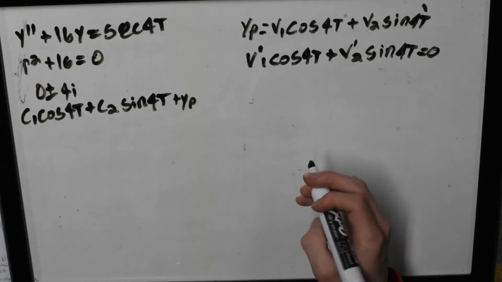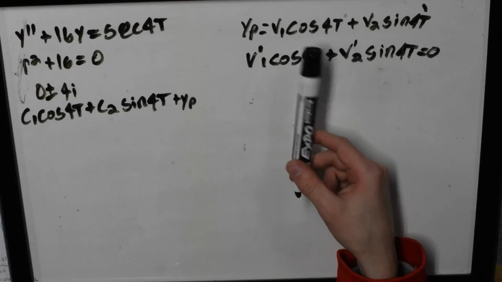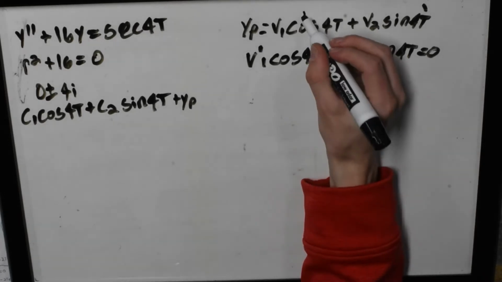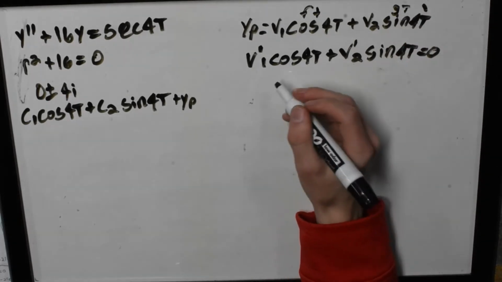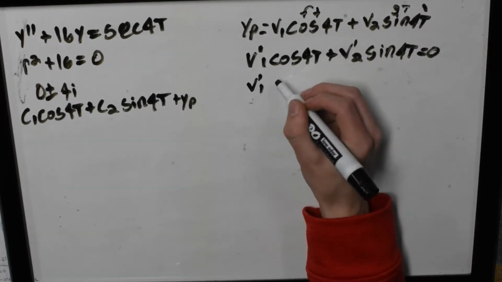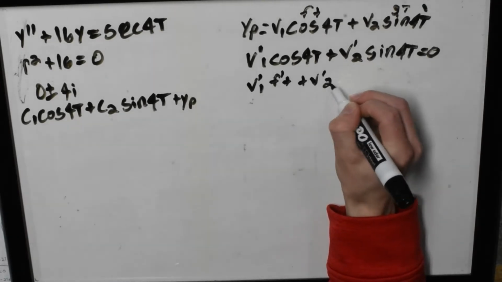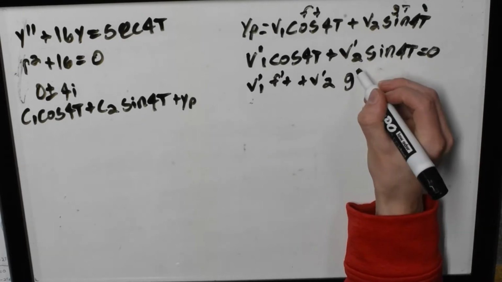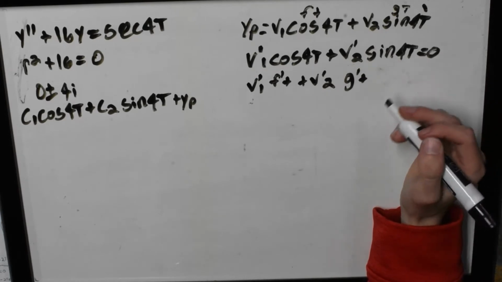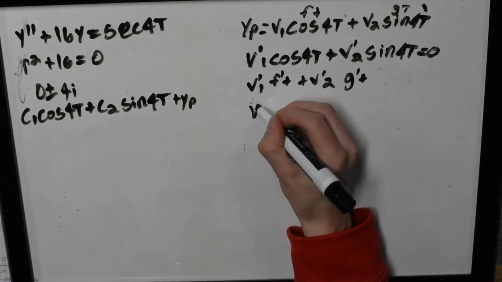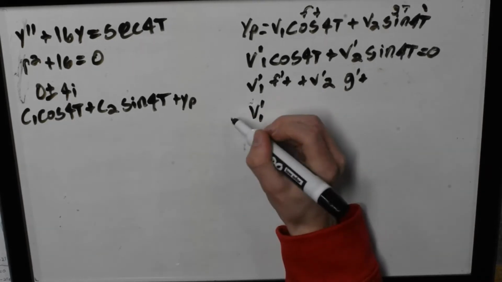The second equation is the derivative of the... well, let me just write it out. If this is f of t, and this is g of t, well, the formula is v prime 1 f prime t plus v prime 2 g prime t. Okay. So now what? Well, we take the derivative of cosine 4t, and we get v prime 1, well, this will be a negative 4 out in front, right?